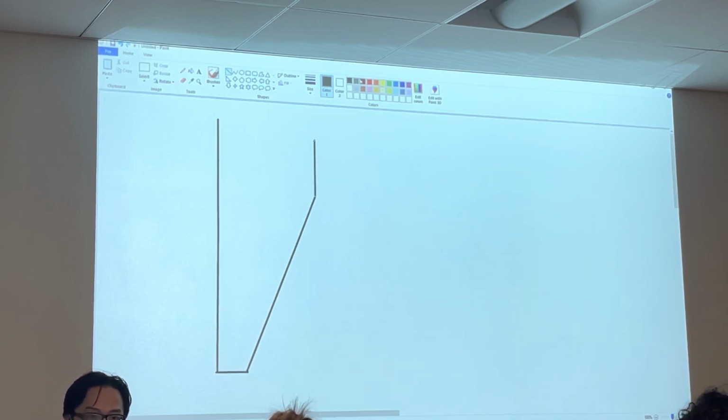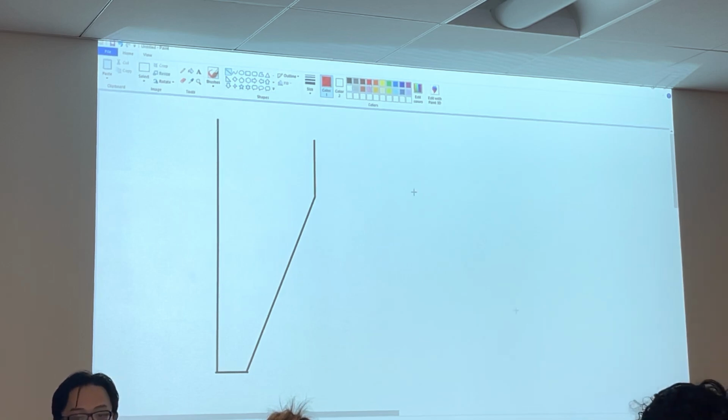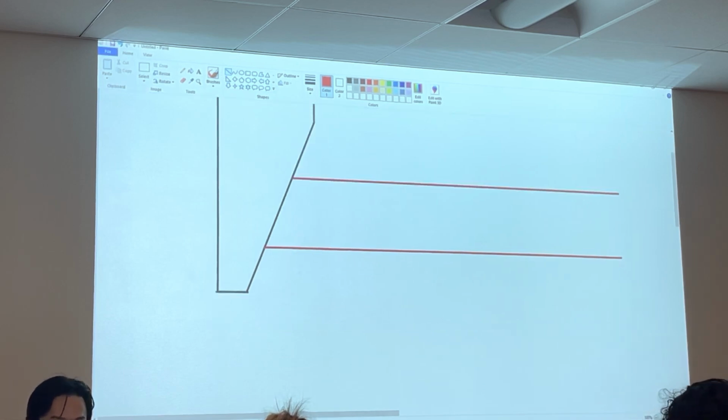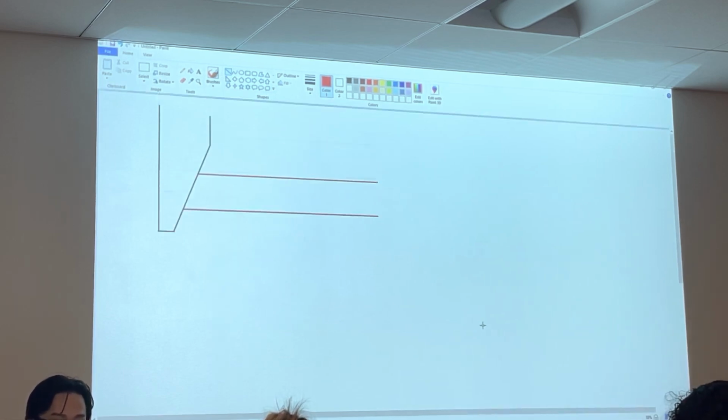And so when our X-rays come in, they are dealing with this slanted anode here. Because of this anode, we have the anode heel effect and the line focus principle.